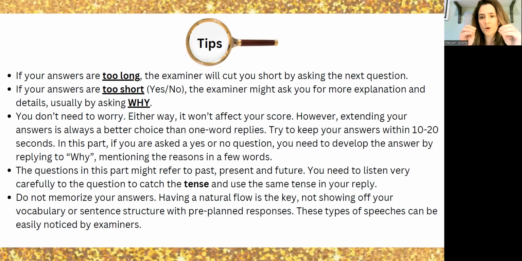But what you need to focus on in this part is that you should have a natural flow. You don't need to worry about using big words and complex sentence structures in pre-planned responses. What you need to do is communicate very smoothly, very naturally with the examiner, as if you are talking to a friend of yours. As I said in the first lesson, the IELTS speaking test is an informal type of interview.